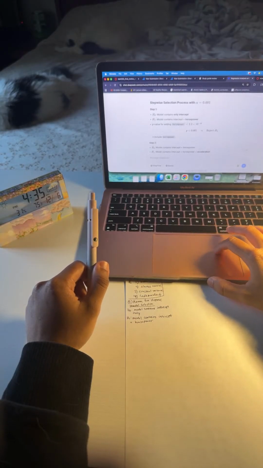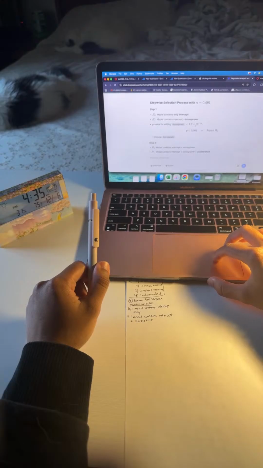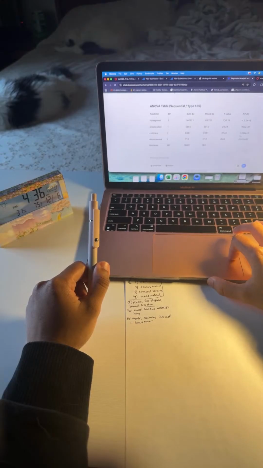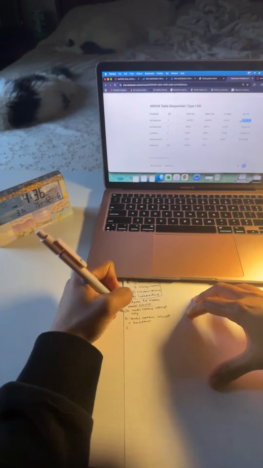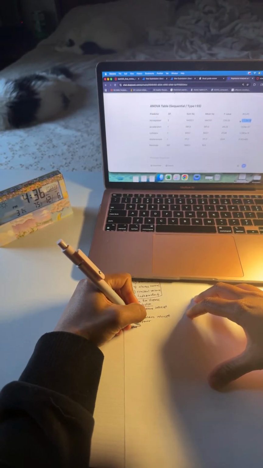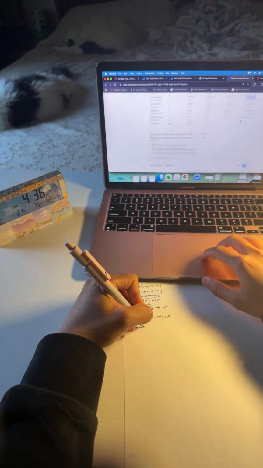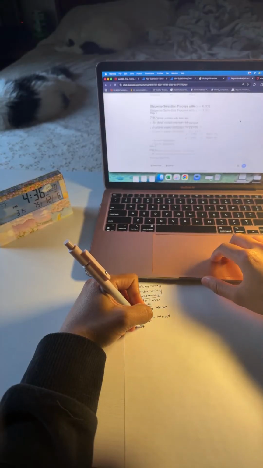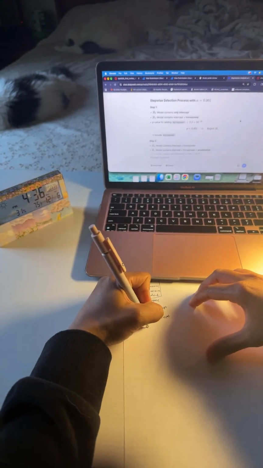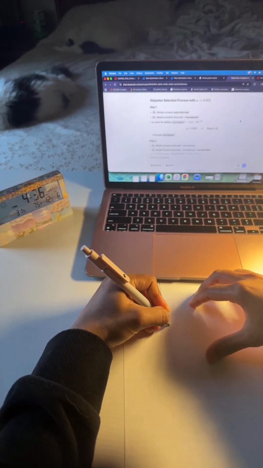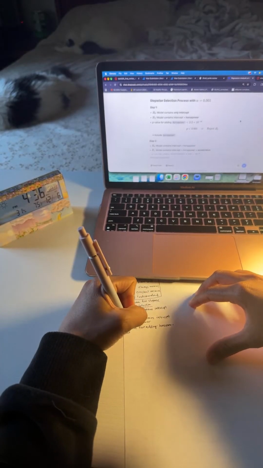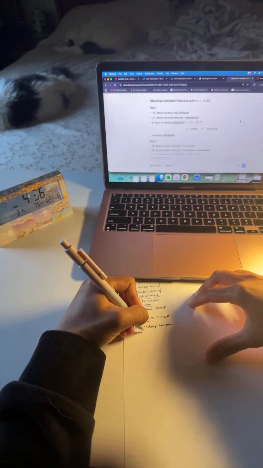So the p-value for adding horsepower is 2.2 times 10 to the negative 16.